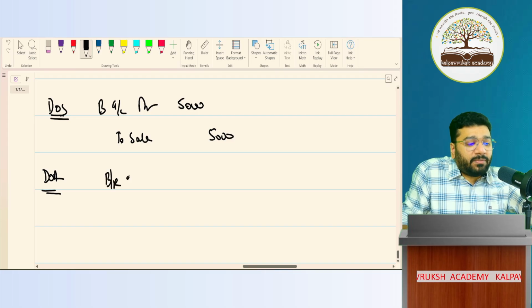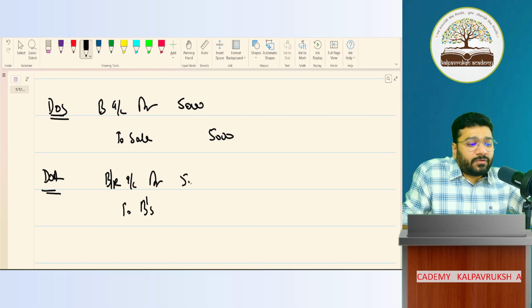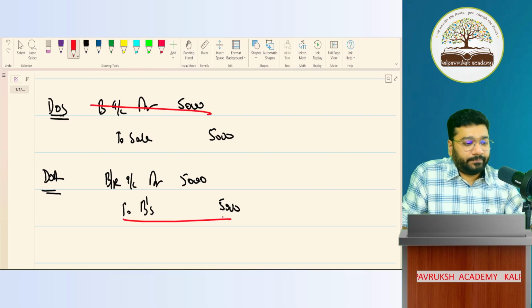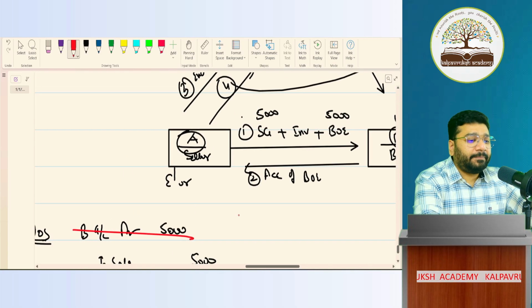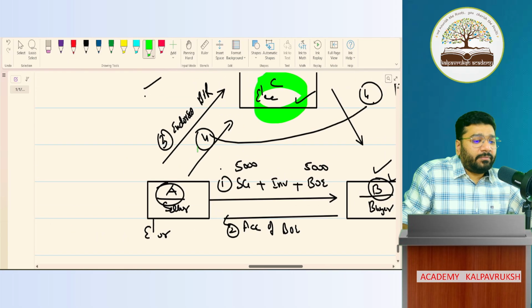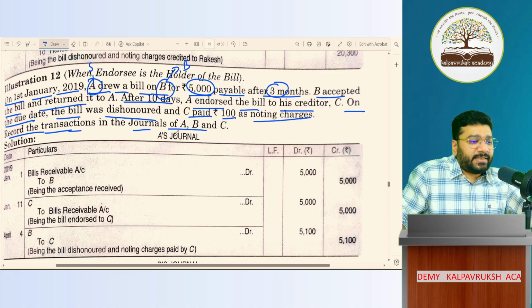Very good. Bills receivable account debit to B. How much? 5,000. B account is opened here and closed here. Then what is happening? First transaction recorded. Second transaction recorded. Date is given. 1 Jan 19 is given.